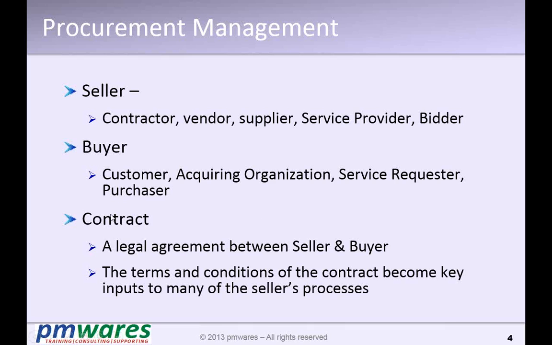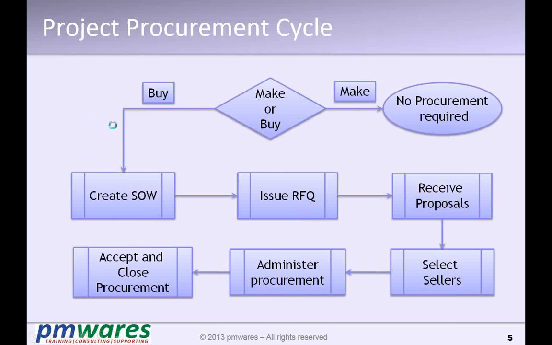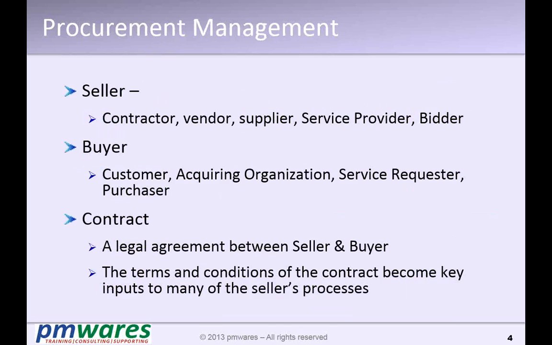And there is a contract which binds seller and buyer. Seller and buyer are bound by contract, and the contract is a legal agreement, so it can be challenged in a court of law.